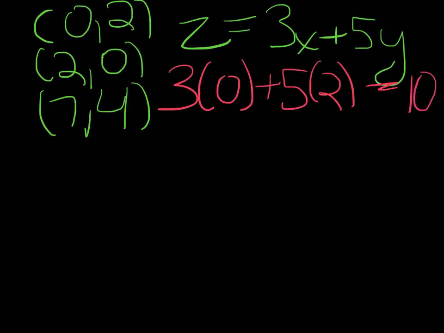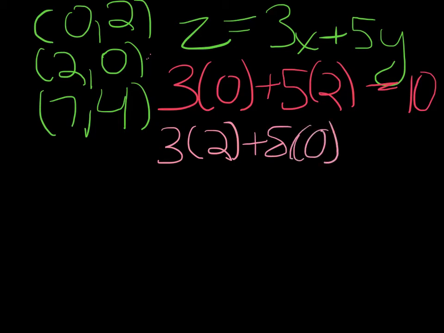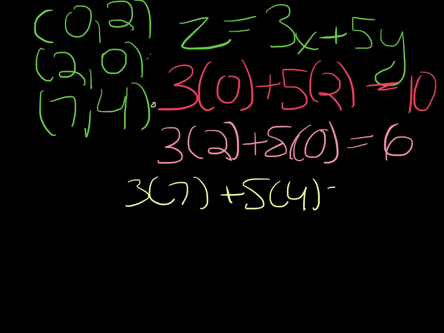Now for the next one, it was 3 times 2 plus 5 times 0 equals 6. And the final one gives you 3 times 7 plus 5 times 4, and that gives you 41. So we know that this is the greater value, and this is the smallest value.